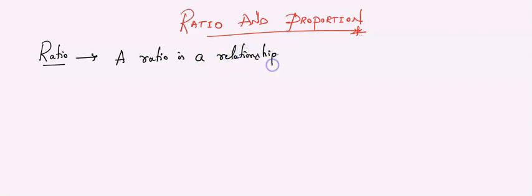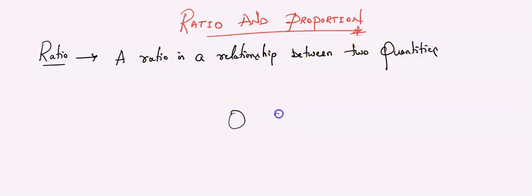A ratio is a relationship between two quantities. अगर आप कोई दो quantities को लीजिए, you consider any two things, any two objects, and you start measuring them or describing them. Ratio will give you the relationship between these two quantities.